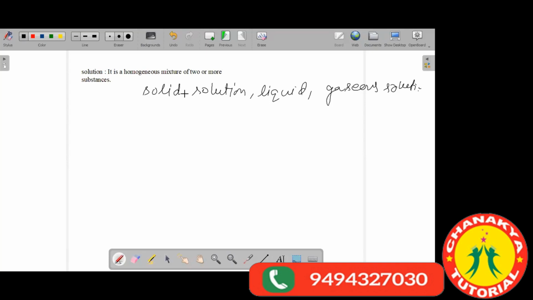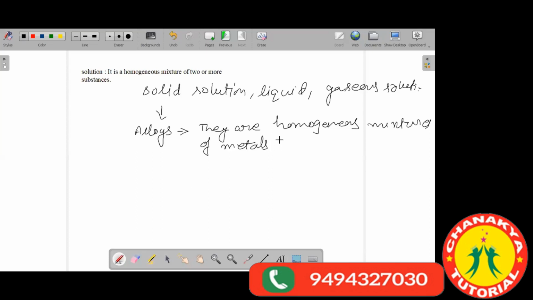Another very good example of a solid solution is alloys. Alloys are homogeneous mixtures of metals or non-metals.